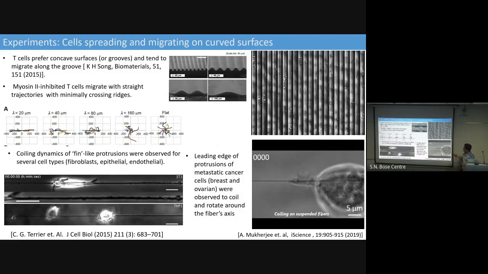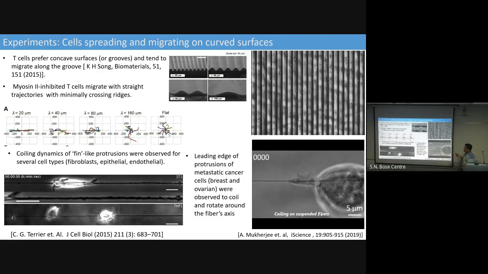And I have actually cited some of them that are important here for us. One such example is that these T lymphocyte cells in this paper are studied on sinusoidal patterns.